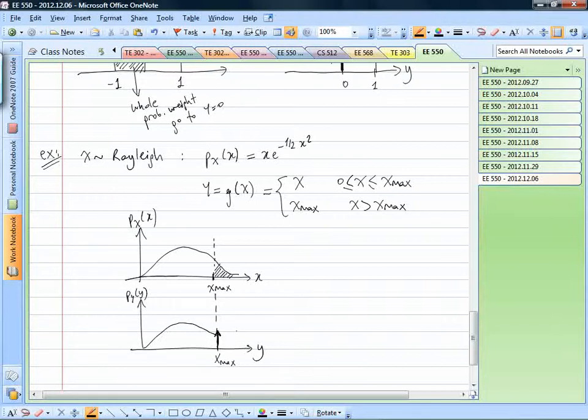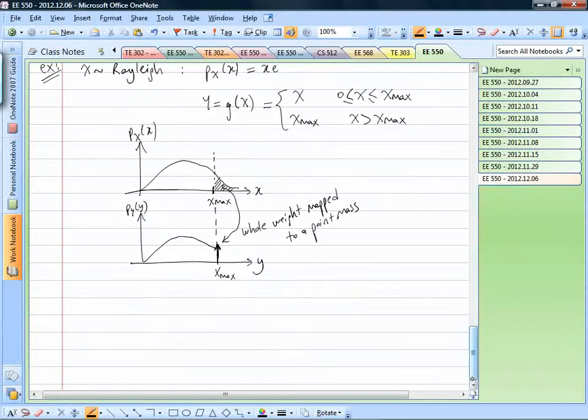It's going to be equal to the integral of p sub x from x max to infinity. So this whole weight is mapped to a single point, a point mass again.